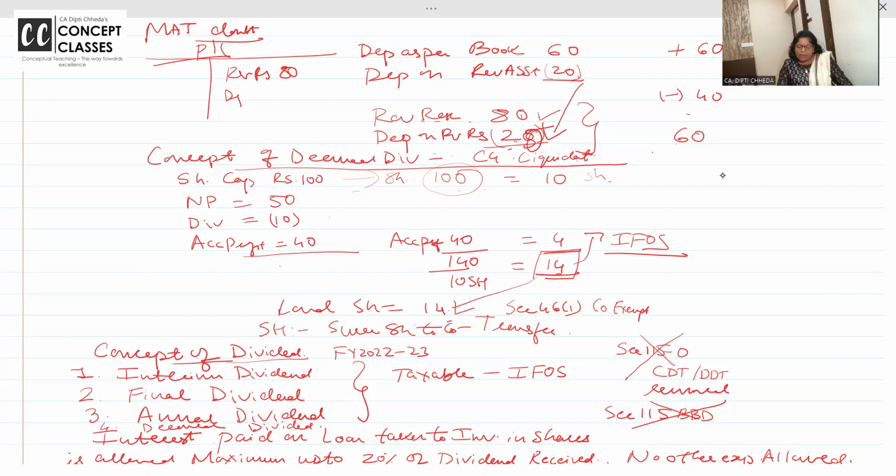And what the company is giving against the shares, it is a transfer. Listen, when the company is going into liquidation, the shareholder's right is getting extinguished. If you check the definition of transfer, transfer is not only that I have sold the shares in the secondary market to my friend. In case of liquidation, I am transferring back the shares to the company.